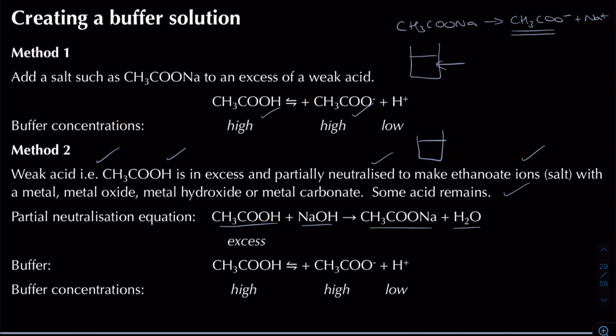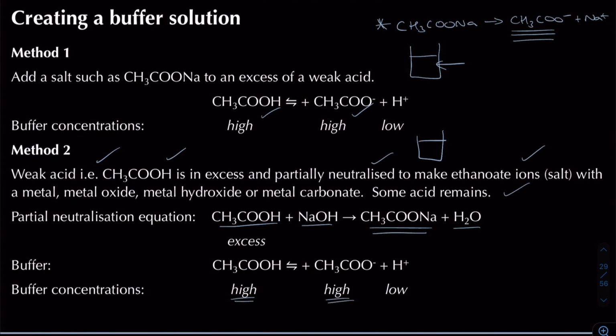Now the important bit is that we've made our salt within the solution itself, and so that salt, just as we showed above, is going to dissociate to form lots of this conjugate base. So we have lots of sodium ethanoate, so we have lots of ethanoate ions, and so we end up with the same buffer equation again, with a high concentration of our weak acid and a high concentration of our conjugate base itself.